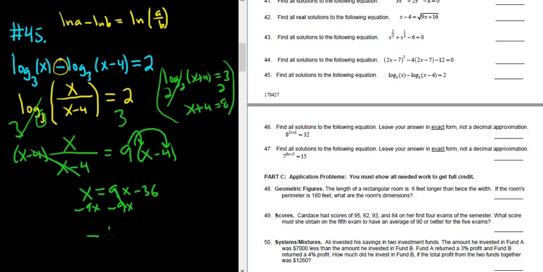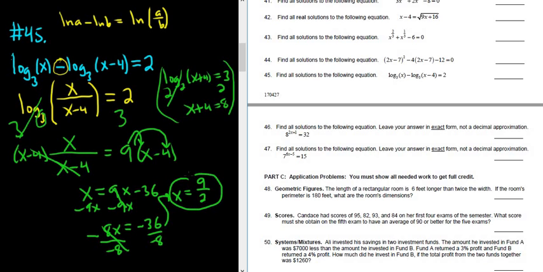We get negative 8x equals negative 36. Then divide by negative 8. 4 goes into 36 9 times, and it goes into 8 2 times. So x equals 9 halves.